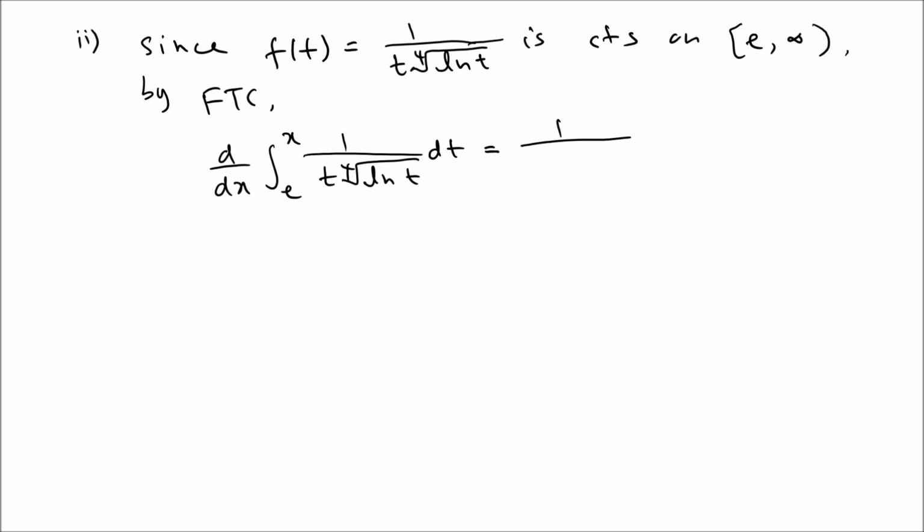So that means 1 over x times the fourth root of ln x. So that's it. You don't want to do anything, just replace that one. So that is the benefit of using the fundamental theorem of calculus.